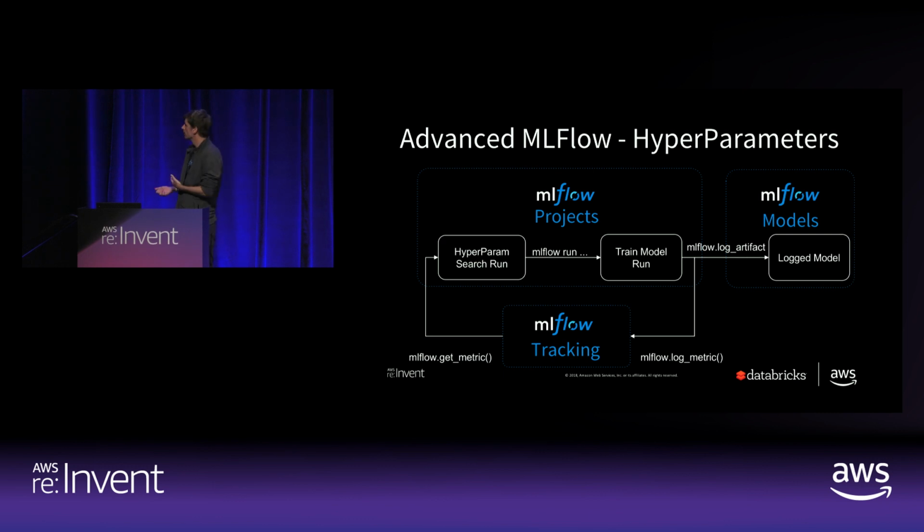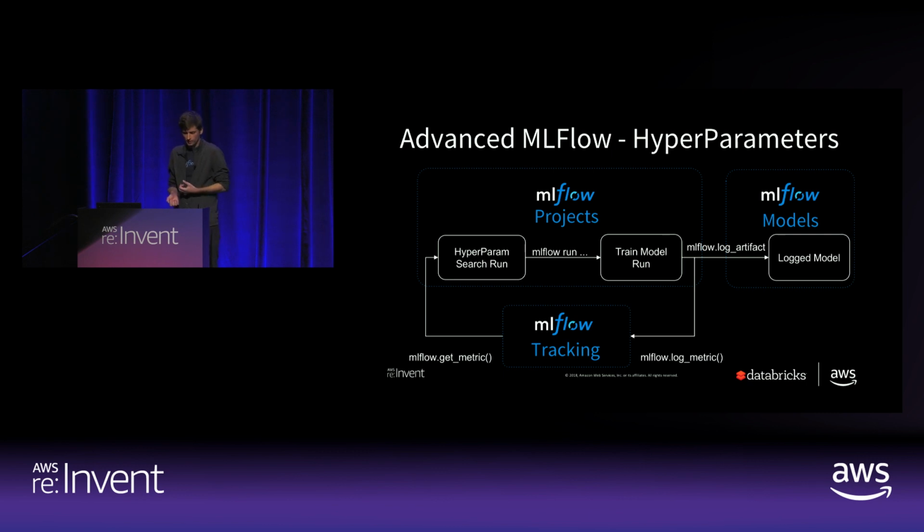Now, we don't really have too much time left in this talk, but there are also more advanced parts of MLflow that you can check on our website and work with. We have examples that you can try for more advanced use. So this was like machine learning basics, but in reality, you probably want to do more.